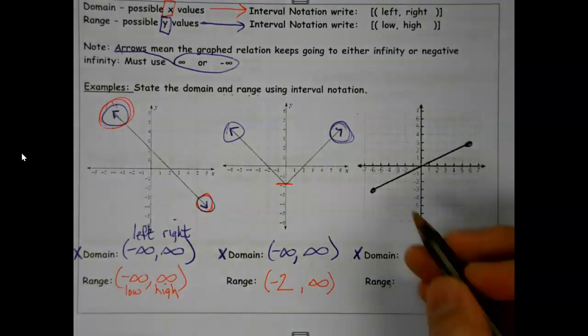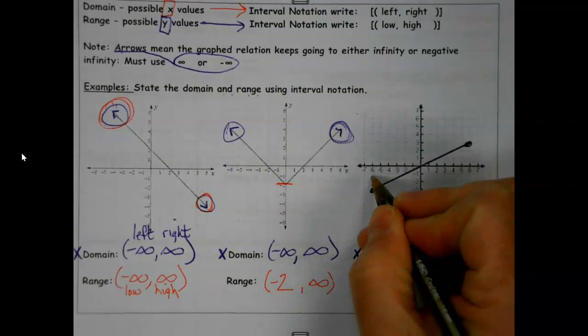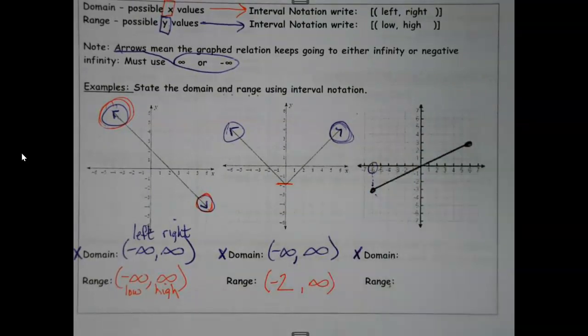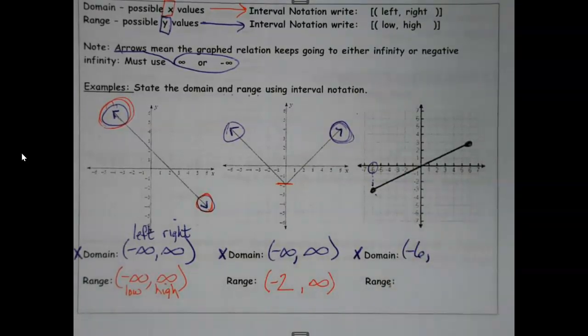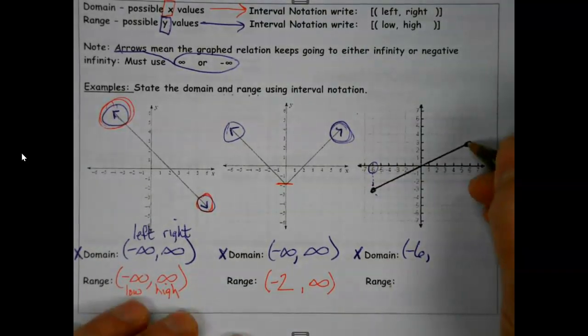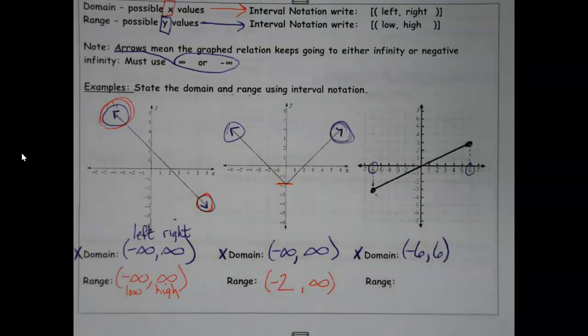So if I look at my point furthest to the left, follow it back to the x-axis, and that's where we start. The other one is 6. And if we go furthest to the right and follow it back to the x-axis, that's furthest to the right.